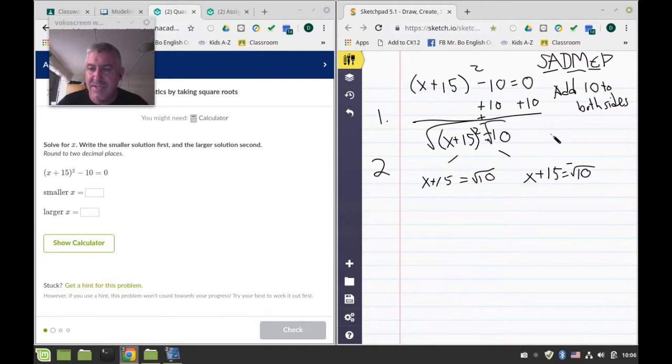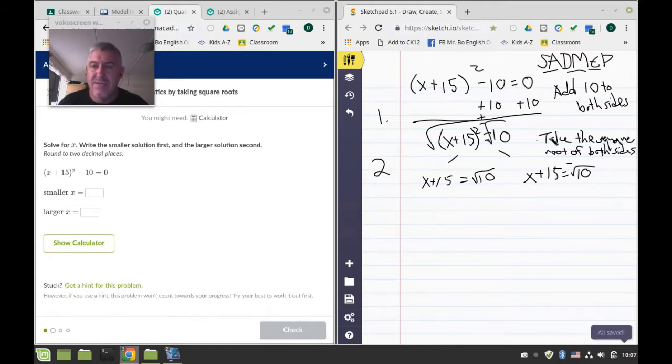So step 2 is take the square root of both sides.